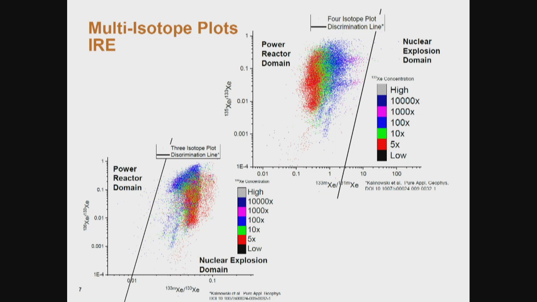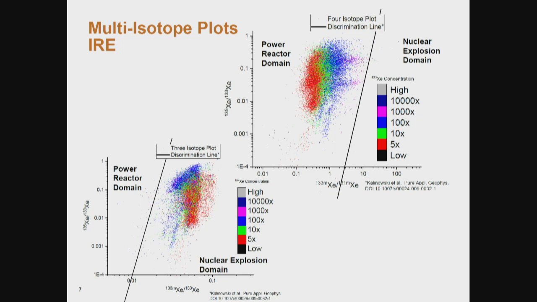But it's not always. If you look at the bottom right there, you see high xenon concentrations but low xenon-135 concentrations. So this correlates to the times where you see a big xenon-133 release without the equivalent xenon-135 present. So this is the 3-isotope plot.